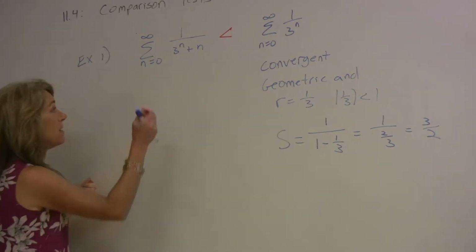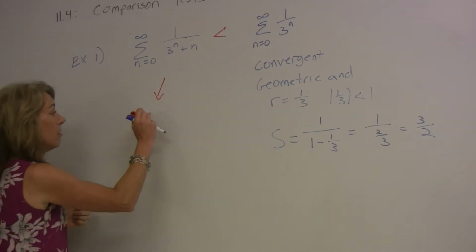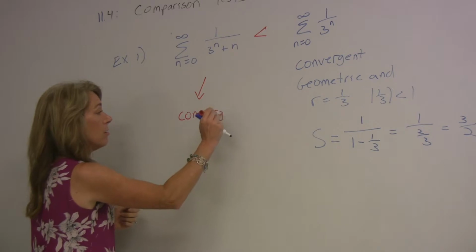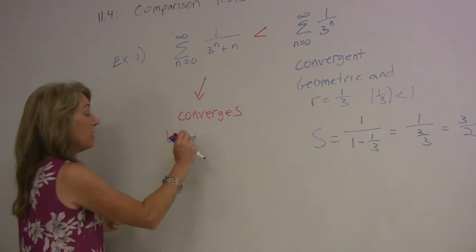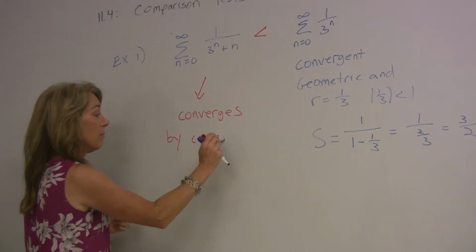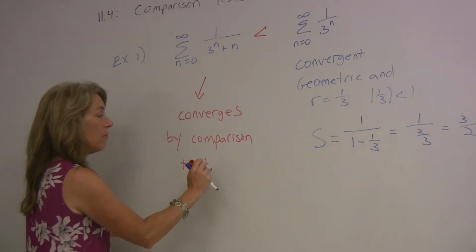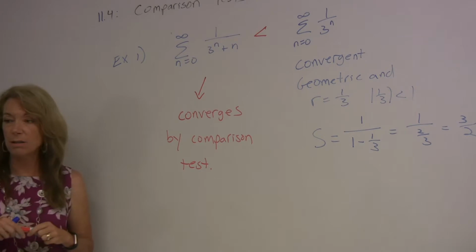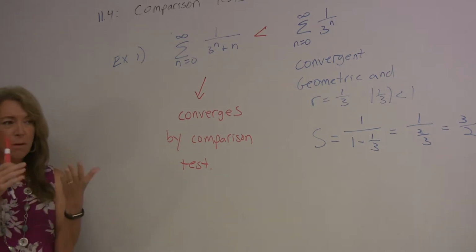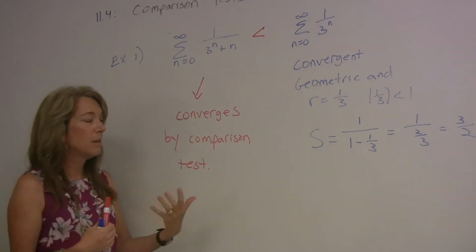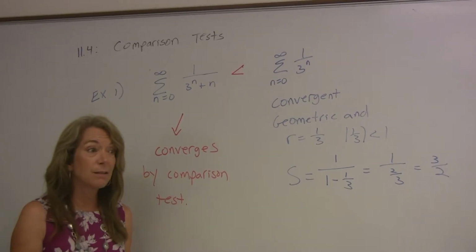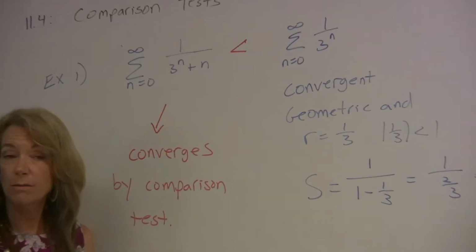So this one has to converge by the comparison test. Because if you're smaller than a convergent series, you add up to something less than it does, which means you must converge.